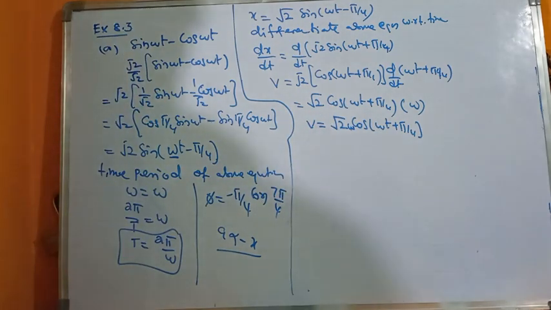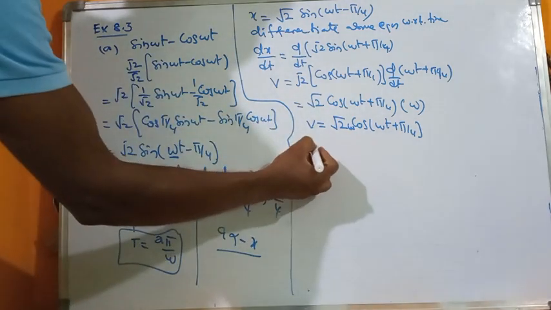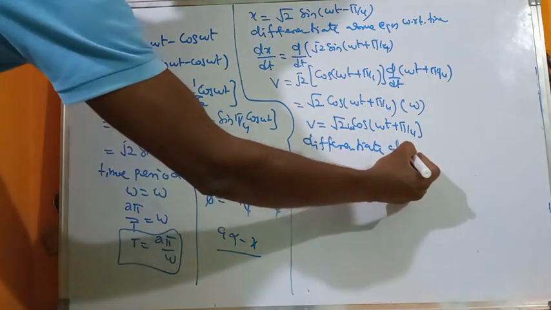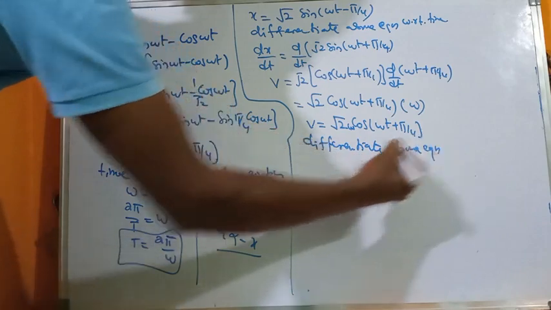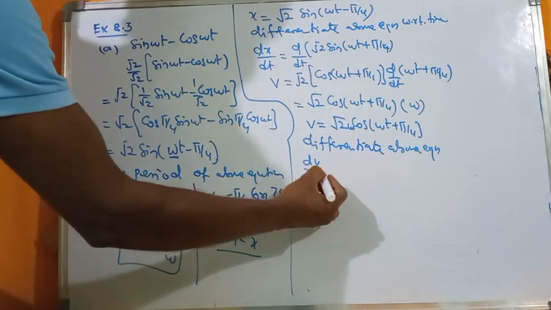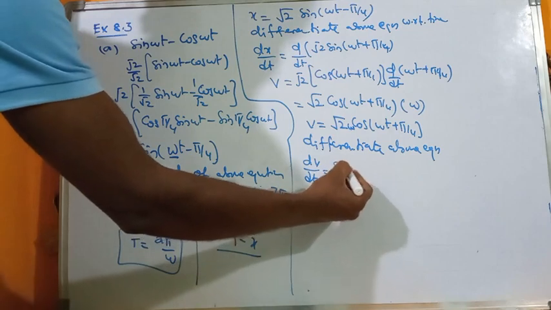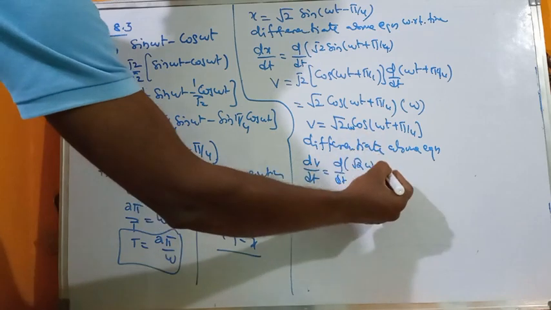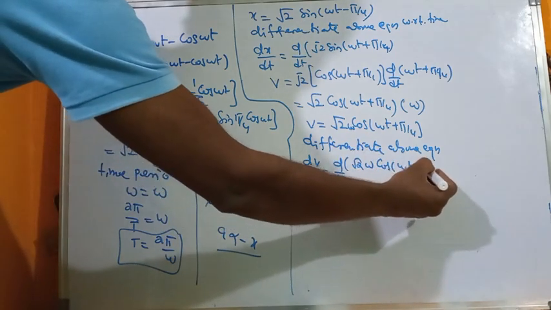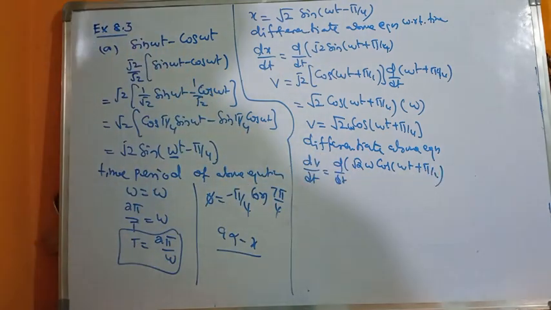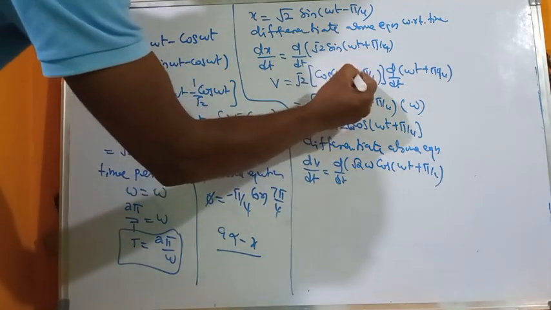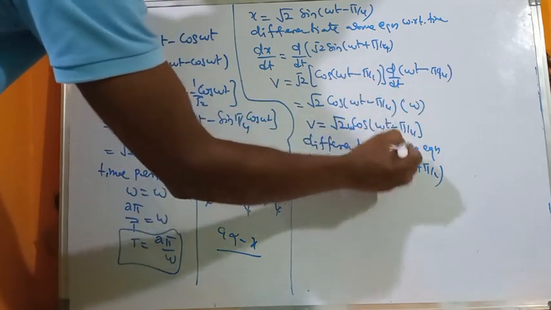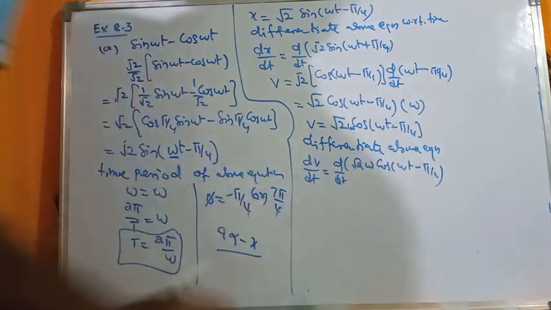Now differentiate this equation also. Then dv by dt, which is the acceleration a, is equal to d by dt of root 2 omega cos of omega t minus pi by 4.